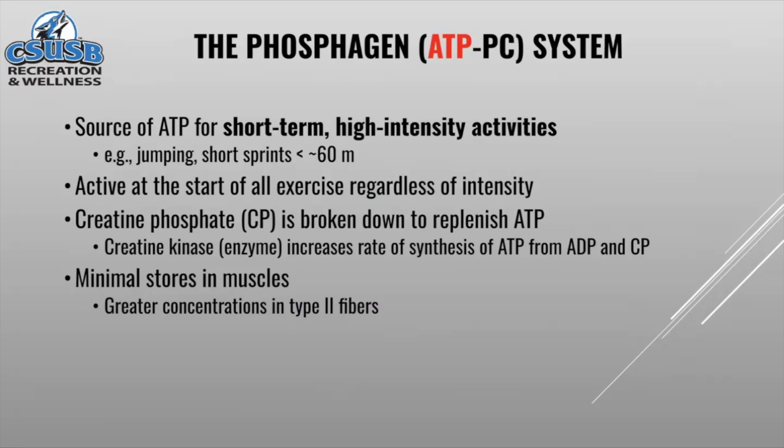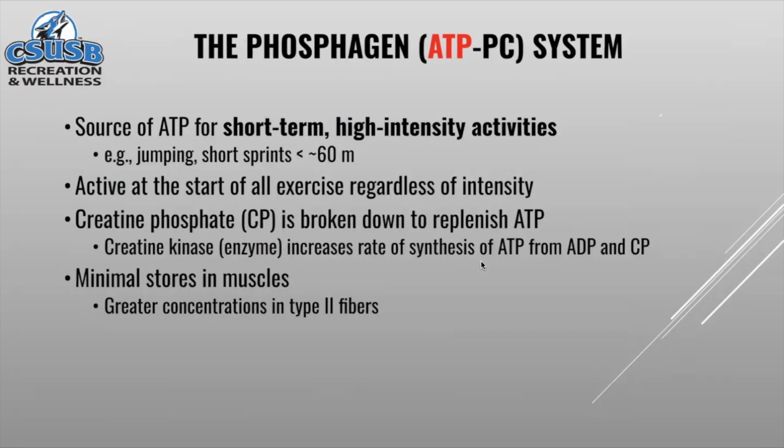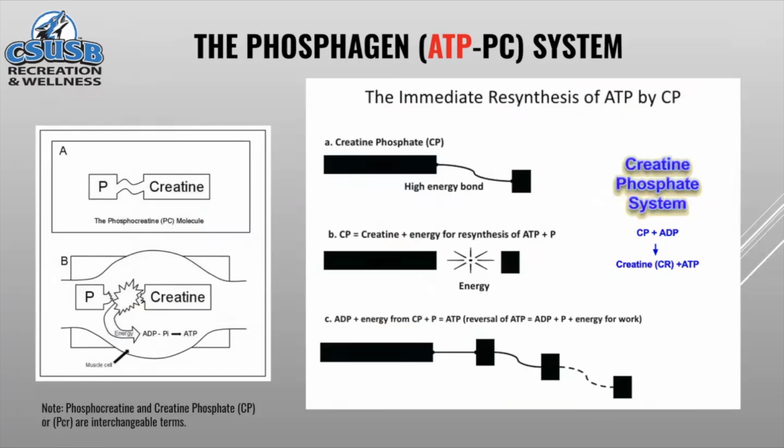And what happens is ADP, right, as we saw in this previous picture, combined with the phosphate group from that creatine phosphate, right? Lastly, we have minimal stores of this in our muscles and it is going to be primarily used in type 2 fibers, which we'll go over fiber types later.